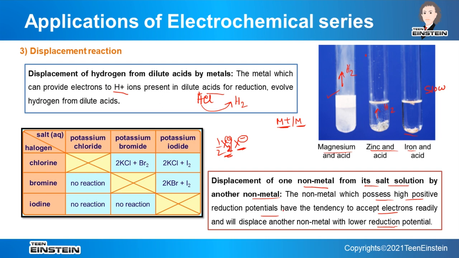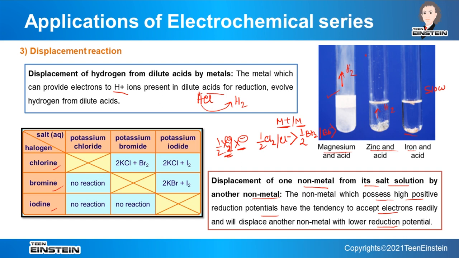So suppose we have taken three systems: chlorine, bromine, iodine. That means half chlorine, Cl minus, has a higher reduction potential than half bromine, Br minus, which has a higher value than half iodine, I minus.